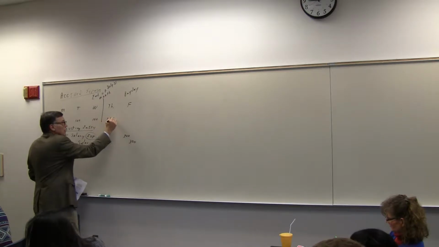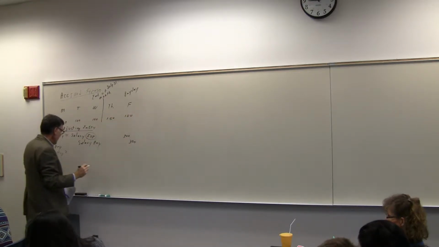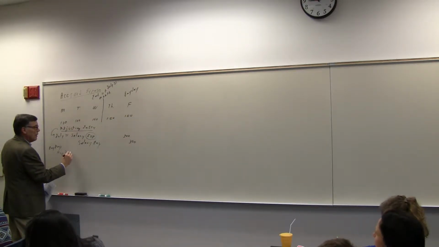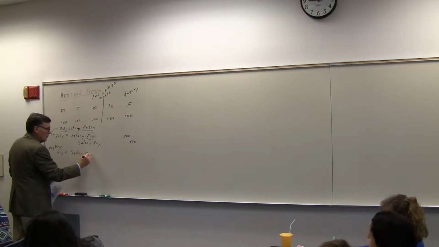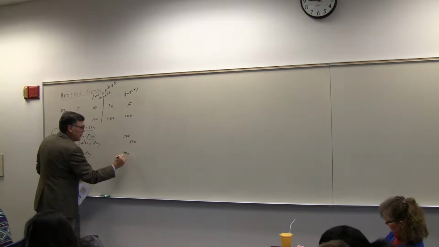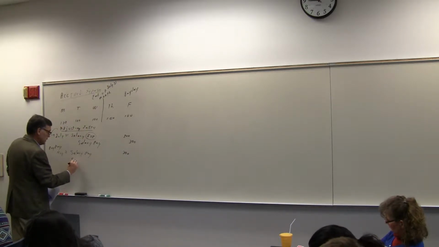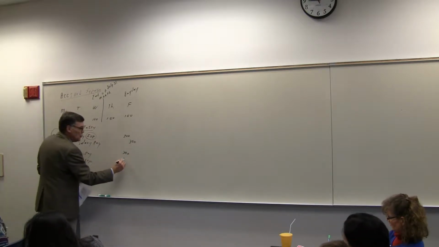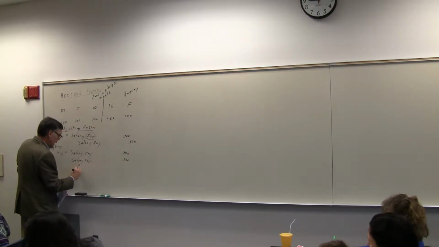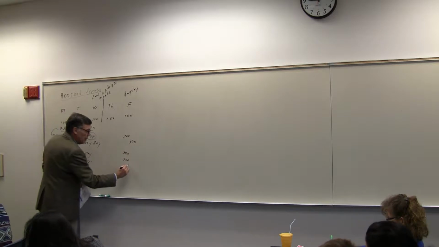So 100, 100. So now, we're going to have salary payable of 300, salary expense, and I'll write EXP for expense, 200, and cash will be credited for 500.